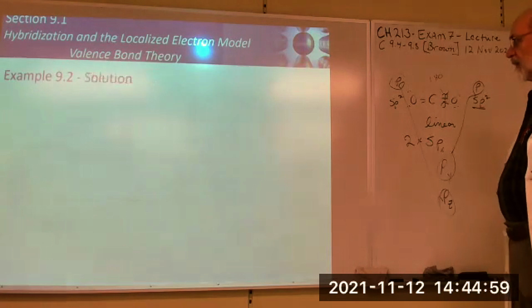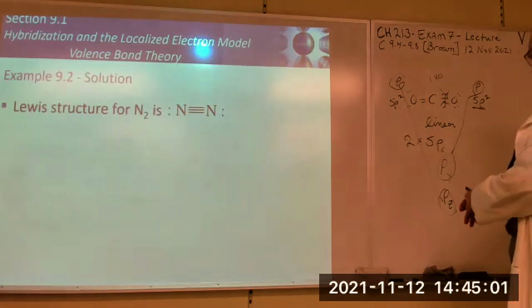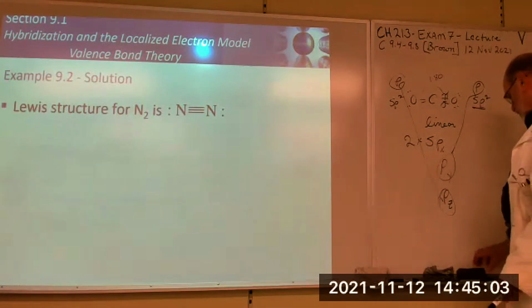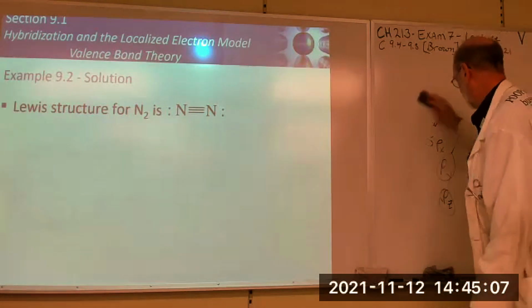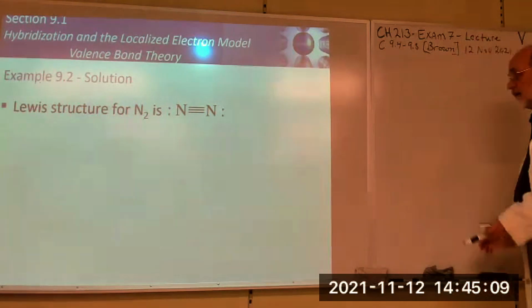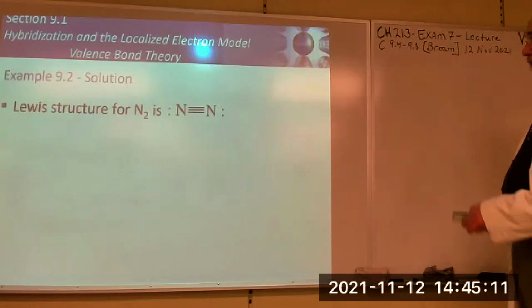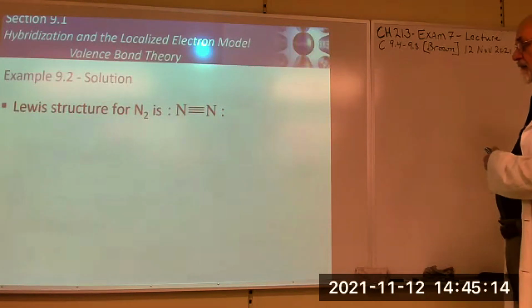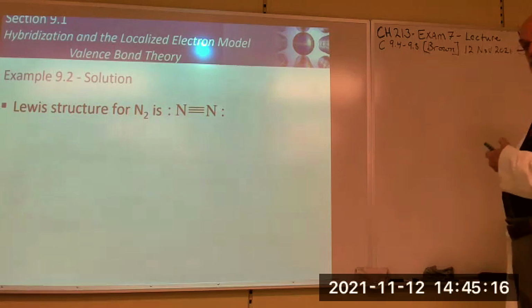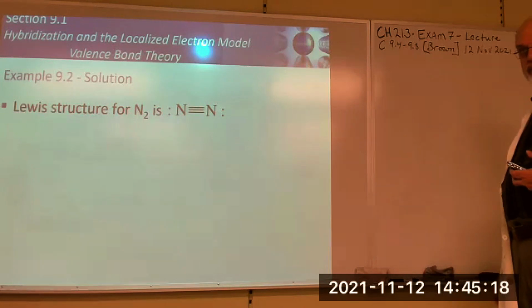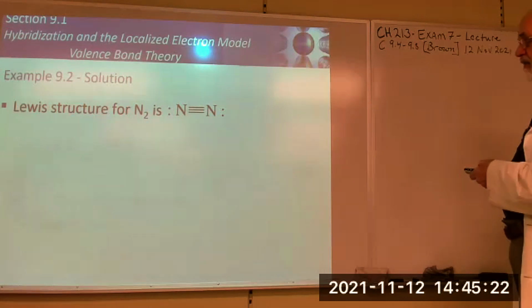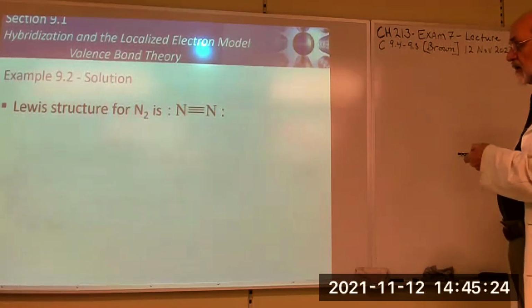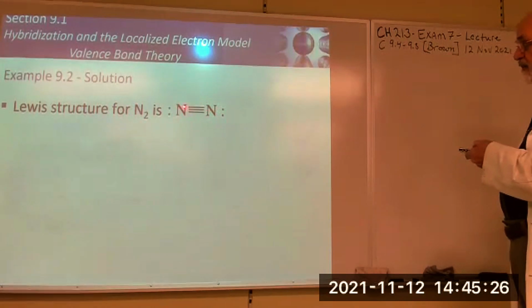How about the N2, the dinitrogen molecule? How do we explain that one? It's a linear molecule, so it's got to have sp hybridization. So sp hybridization would be sufficient to bond this nitrogen with that nitrogen.